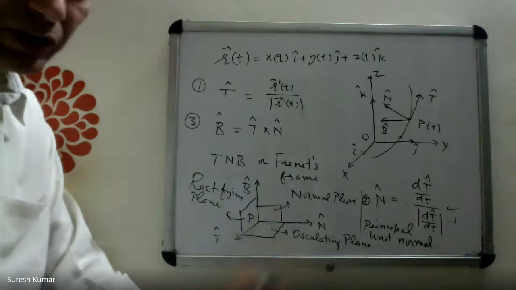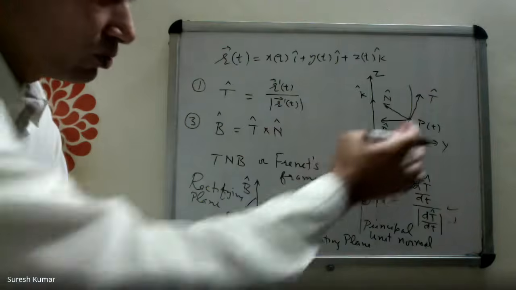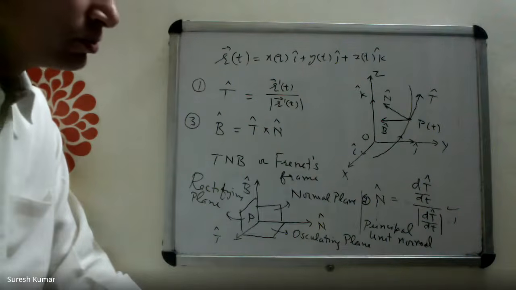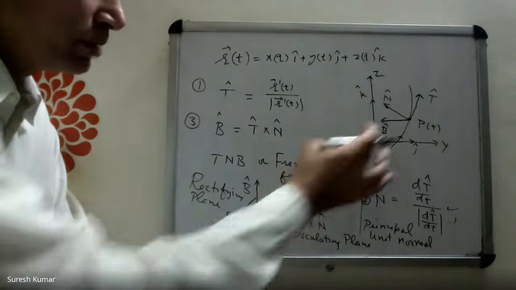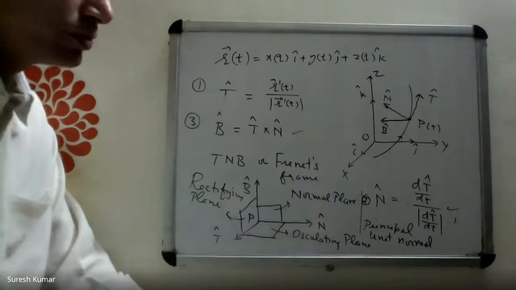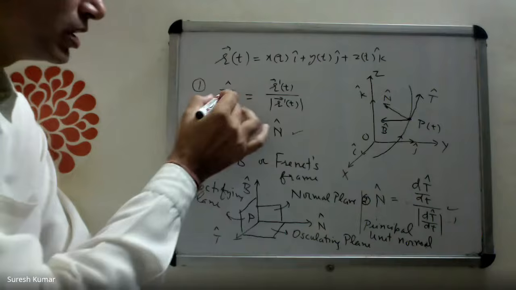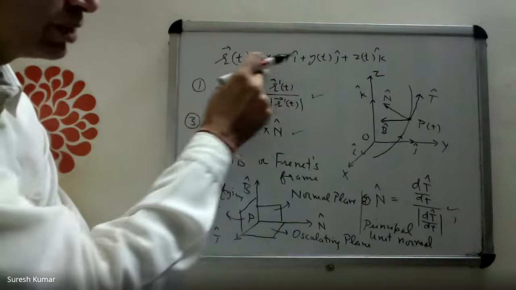That at every point of the curve we have three standard unit vectors. One along the tangent to the curve, N cap is perpendicular to T cap, and B cap is perpendicular to both. How to determine these? This is also important. The T cap formula is already written here. r(t) would be given to you.